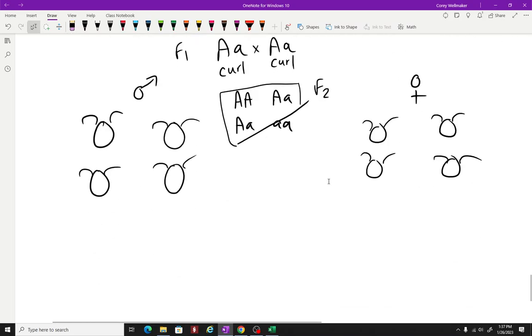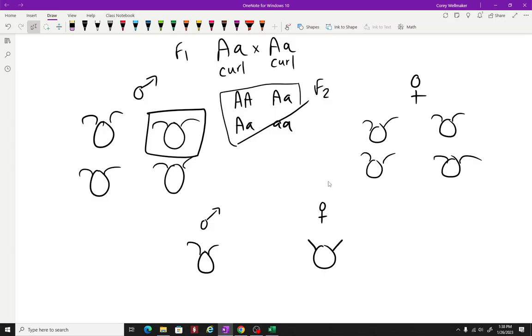What I would need to do is, let's say I wanted to create a true breeding male, I would need to take a male, right, male down here, and take a female who is straight ears, non-curly ears, because I know she's little a, little a.